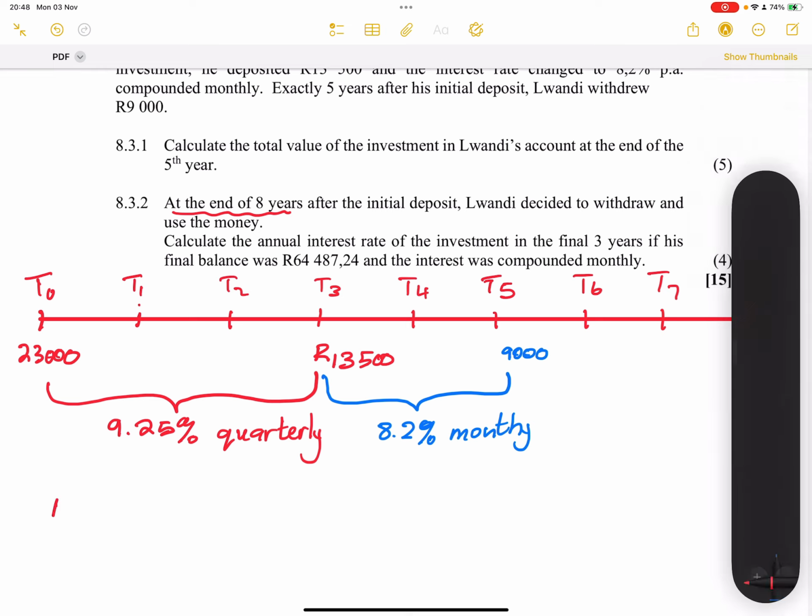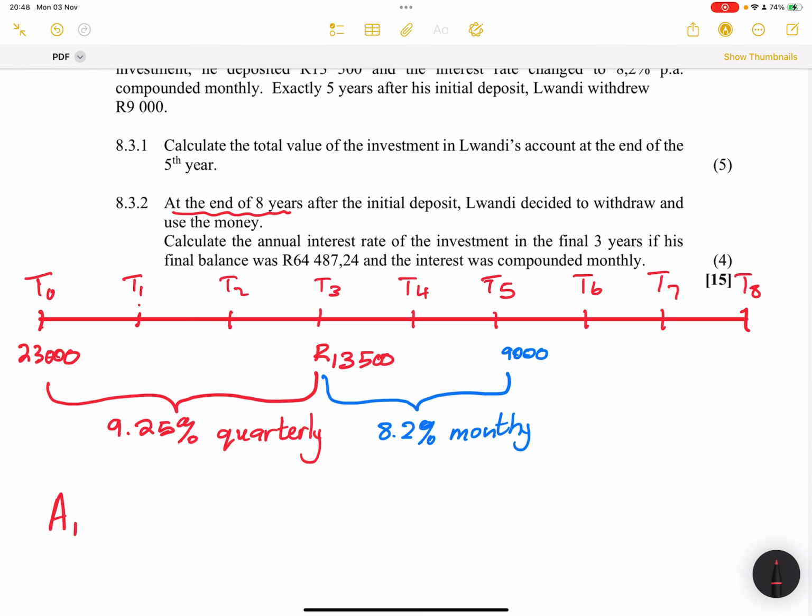The first deposit, I'm going to call it A1. It now endures 2 periods wherein it's going to compound. Firstly, it's going to be at 9.25%, but it's also now going to compound at 8.2% monthly. So the principal amount times 1 plus i over m to the power of n times m.